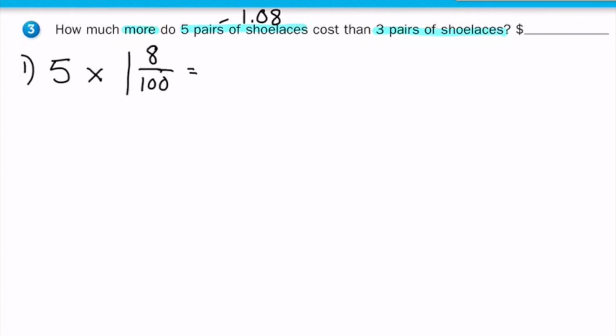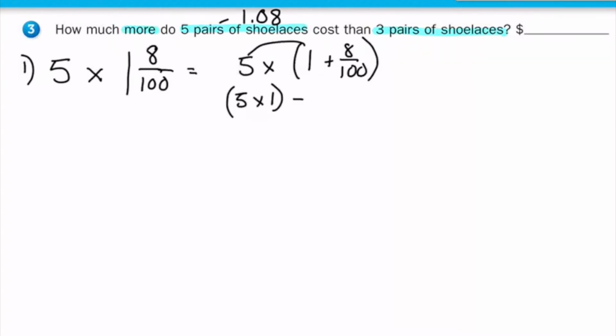So now we're going to rewrite this as 5 times 1 plus 8 hundredths, which would be 5 times 1 plus 5 times 8 hundredths. 5 times 1 is 5, plus 5 times 8, which is 40 hundredths.